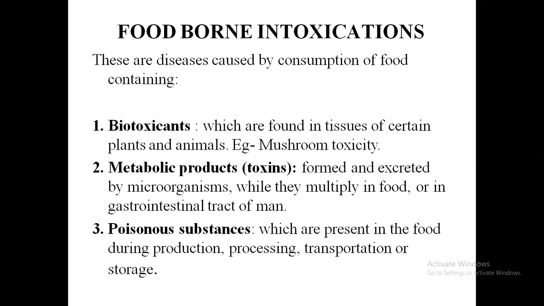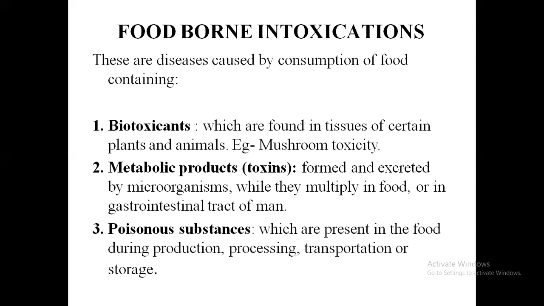So, foodborne intoxications are caused by consumption of food containing biotoxicants, metabolic products, or poisonous substances. Biotoxicants means those found in plant and animal tissues, like mushroom toxicity, very common, because it has particular toxins which may not be accepted by the human body.